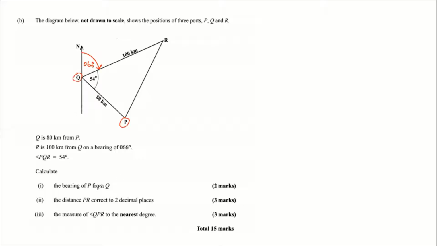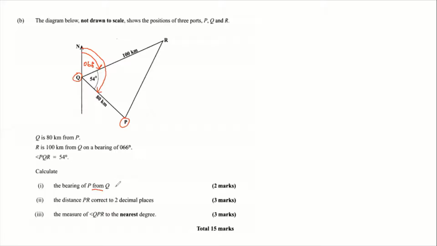So the first thing that we focus on is the from. Which letter comes after the from? Q. That means that's exactly where the angle measurement should be taken from. It should be taken from point Q. But when we're talking about bearing, everything starts from north. So if we start from north, right, the bearing would be this angle all the way from north down to this point here, to the line that connects P and Q. And that's pretty straightforward, as you can see.